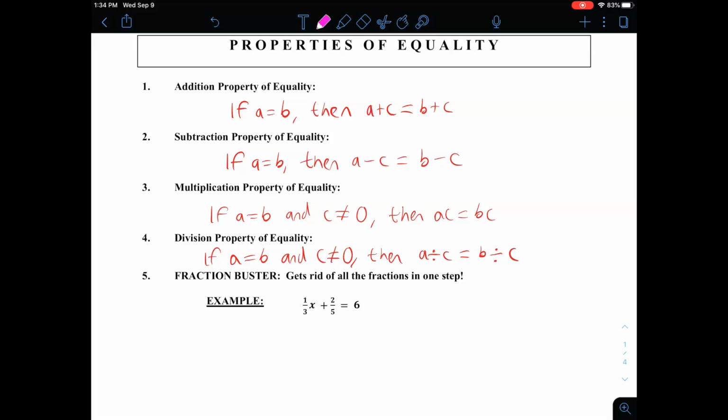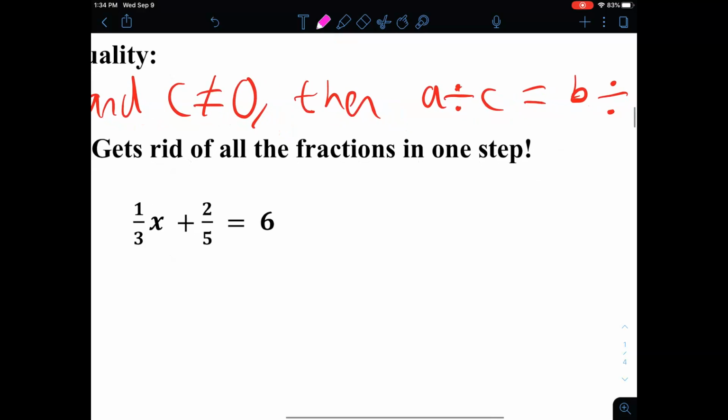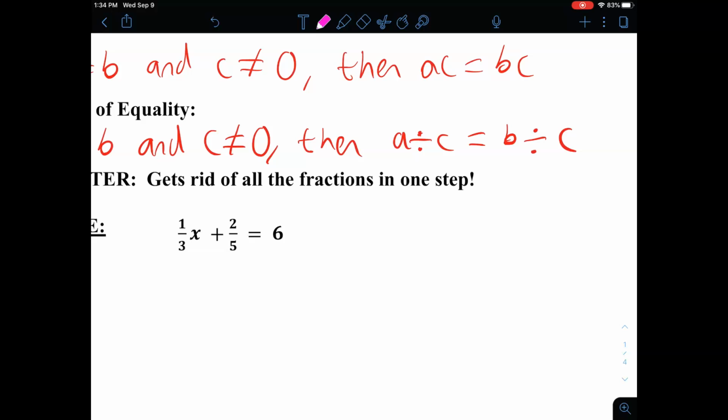Okay? All right, new color here, new section. Fraction busting. This is super useful. Okay? So let's just get rid of all the fractions in one step. I'm going to encourage my Algebra 1 students to do this as well, okay? So basically what we're going to do is we're going to multiply the whole equation by something to get all the fractions to cancel, all right?